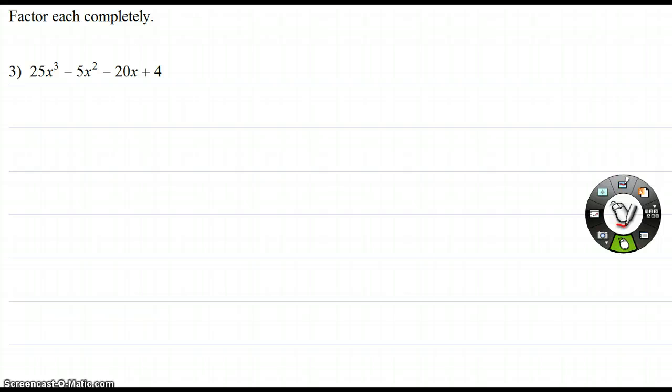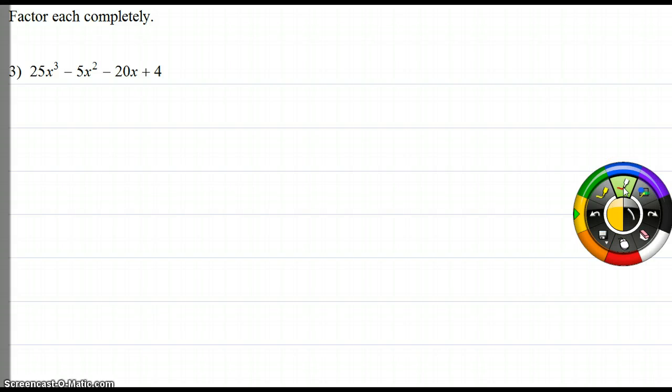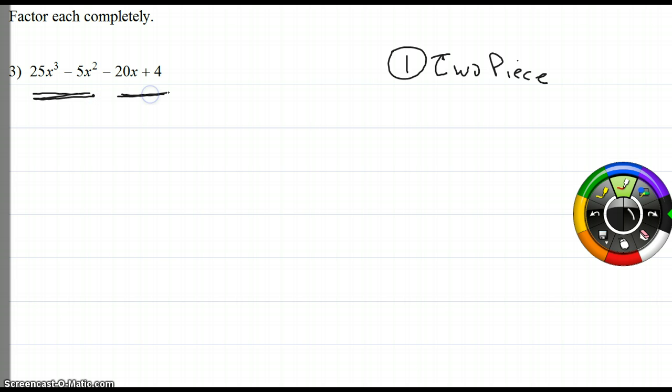Number 3, let's think of our steps here. What are our steps? Break it up into 2 pieces. The first piece will be the first 2 terms, and then the next piece will be the second 2 terms. Then what you want to do is factor out what I'm going to call common terms.